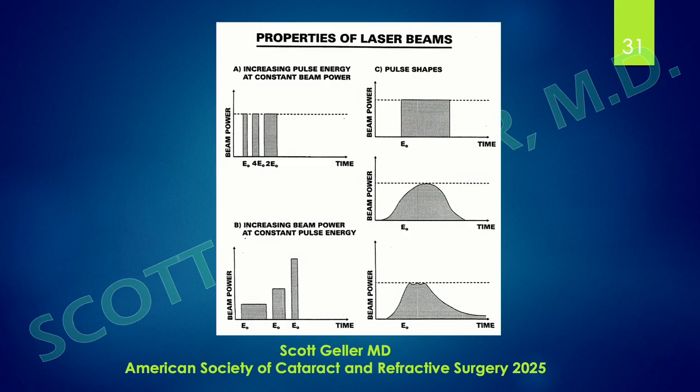The laser pulses actually have a graphical shape. You can have a more or less square pulse, or you can have a pulse that has a more Gaussian distribution, as seen in the middle right diagram and the lower right diagram.